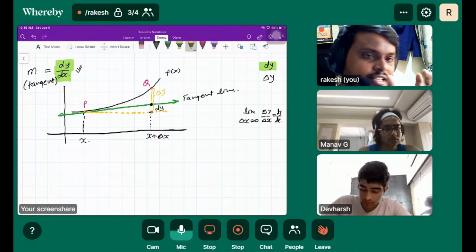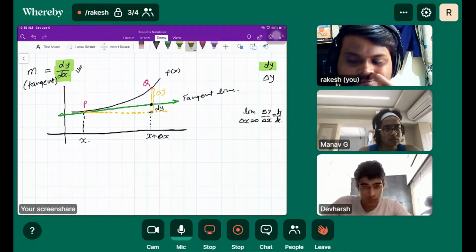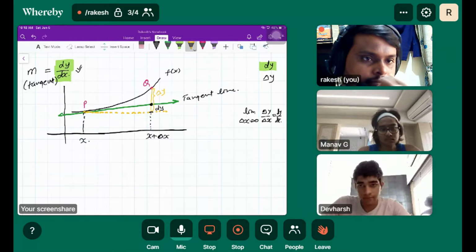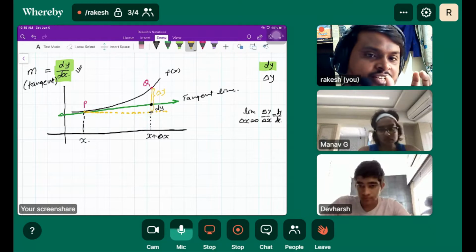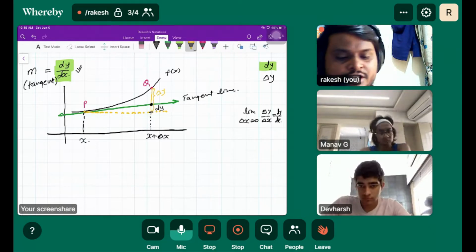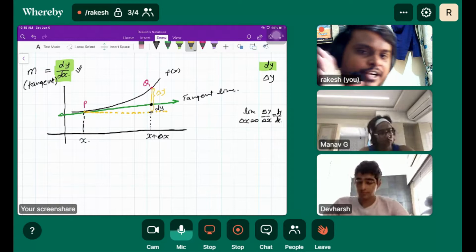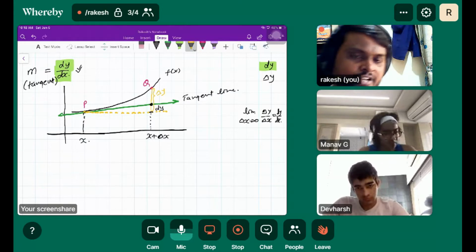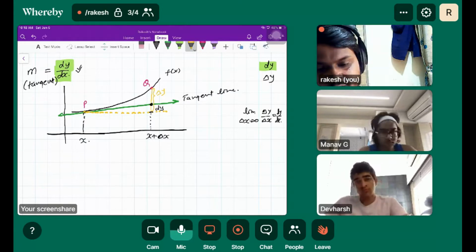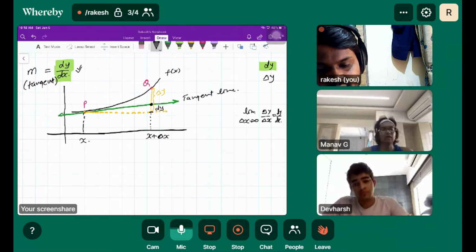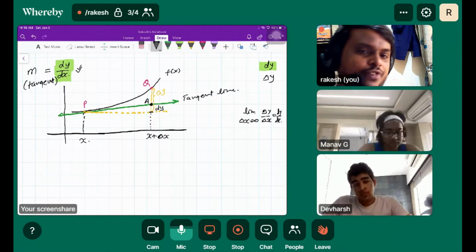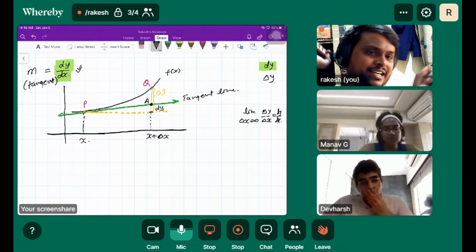Are you getting that? See the change in x. Have you written this down? Okay. So from P to the point on the tangent line, let me mark that point as A. From P to A, what is the change in x?